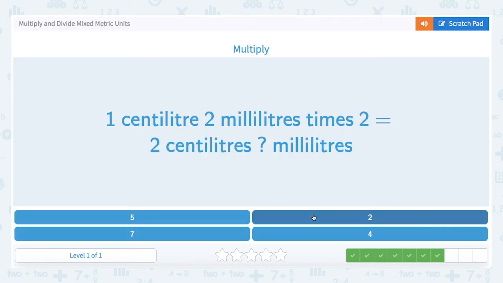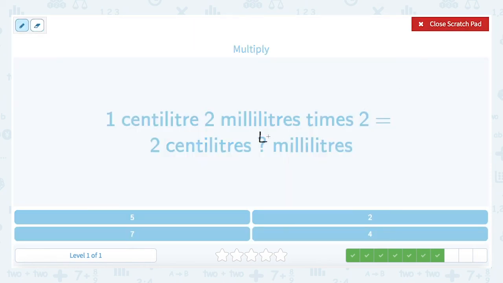There we go. 1 centiliter, 2 milliliters times 2. Okay, so 1 centiliter times 2 is 2. So that was nice and easy. 2 milliliters times 2 is 4. All right, this was much more straightforward than the last problem. A milliliter is much smaller than a centiliter.